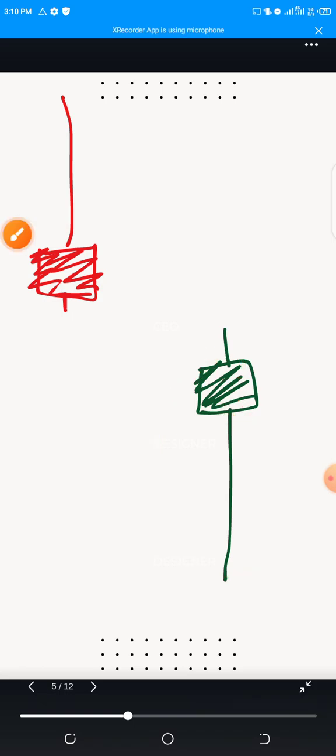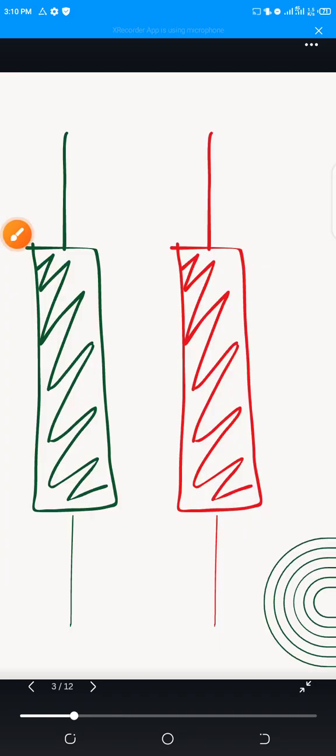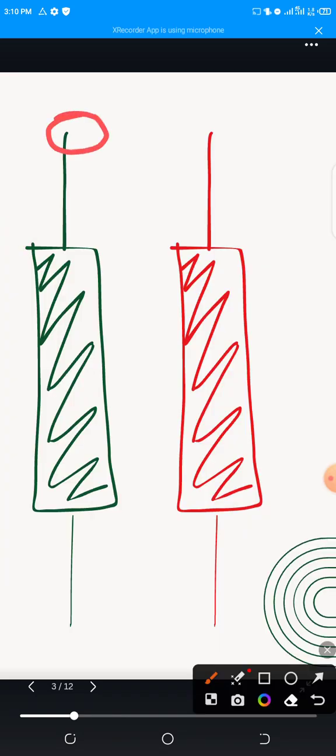Before we move along, let me just quickly go back. I need to show you guys something. The top of a wick is known as the highest point that price went, while the bottom of a wick is known as the lowest point that price went. Whether you are trading the 1 minute time frame or 5 minutes, 15 minutes, 30 minutes, 1 hour, within that period of time, just watch the candlestick and see how it is formed.